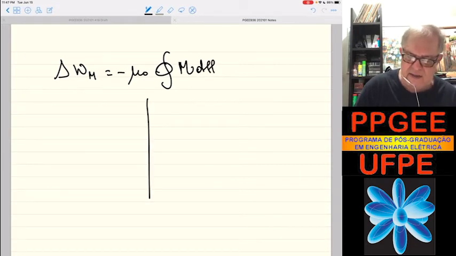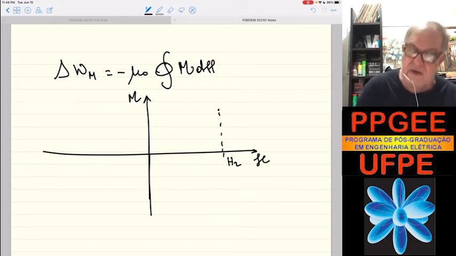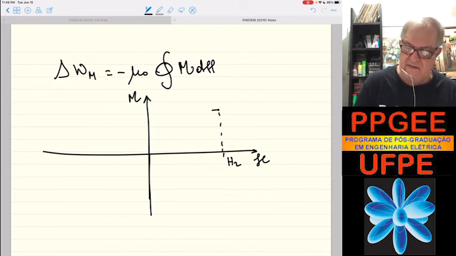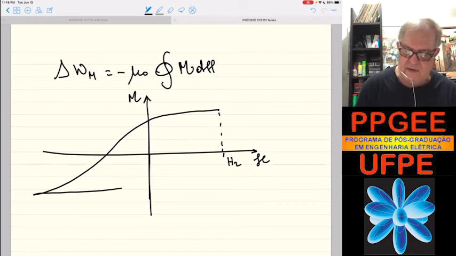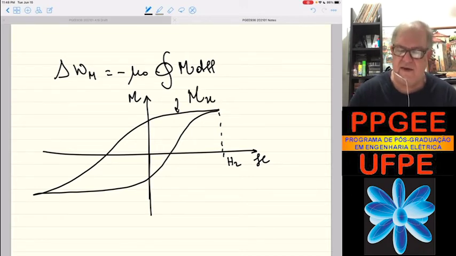So let's look at our hysteresis loop. This is m, this is h. From h2, we go through the upper curve, which is this one. Then we close like this, right? This one we call the function m upper, a function of h.